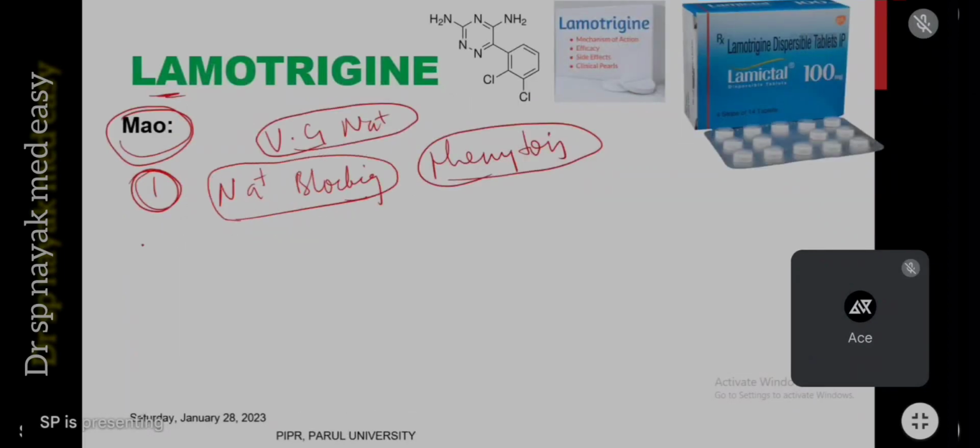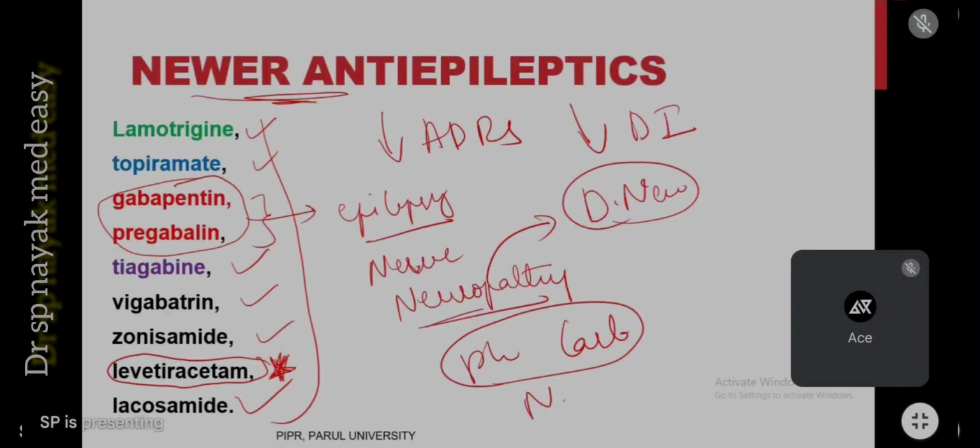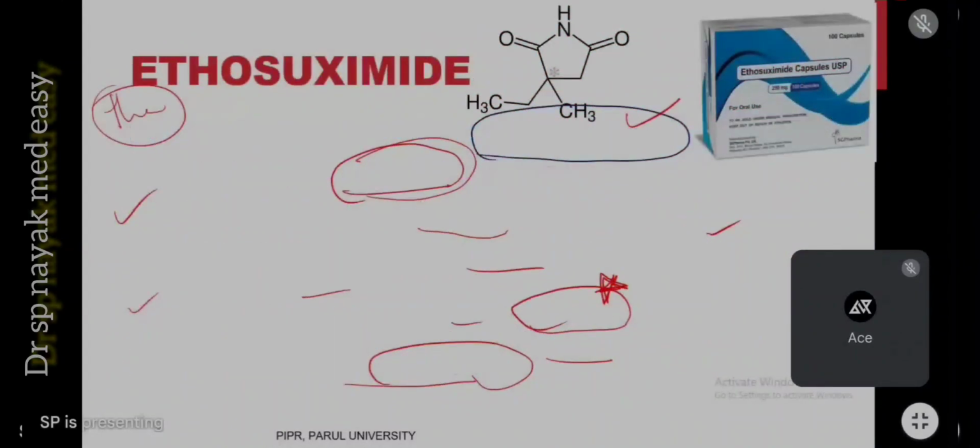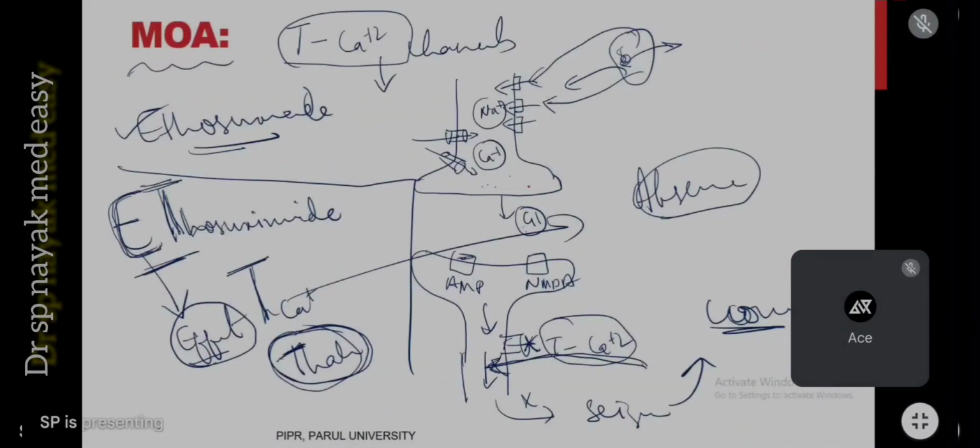Second mechanism, Lamotrigine also blocks high voltage gated calcium channels. As I explained, when sodium enters inside, the high voltage gated calcium channels are opened, and through them calcium enters the cell. Lamotrigine inhibits the entry of calcium inside the cell.